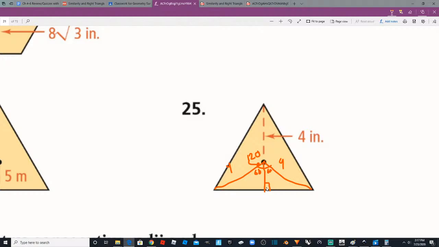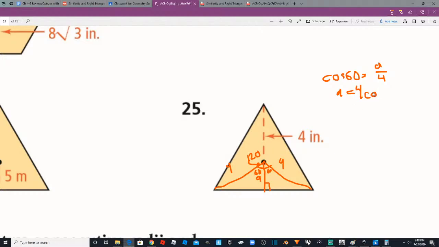Just because I want to make it harder on myself, I'm not going to use the easy ratios, because I use trigonometry. We want to figure out the apothem, which is A. So we're using cos of 60 because we know the adjacent and the hypotenuse, which is 4. The cos of 60 would be apothem divided by 4.